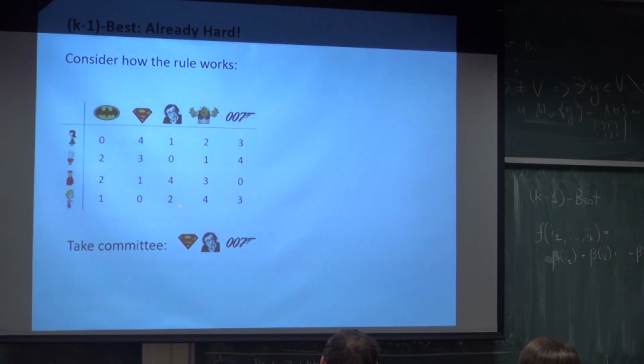If we take a committee of Superman, Woody Allen and Bond, then they're marked here. The green lady just takes value from all but her most valuable committee member. So she gets 7, the orange guy gets 7 as well, the red guy gets 1 plus 4, 5, and here 2 plus 3, 5. This is how the rule would work in the Borda setting.